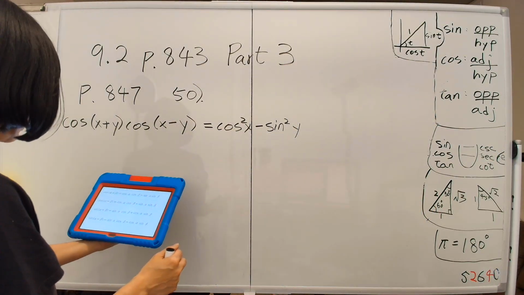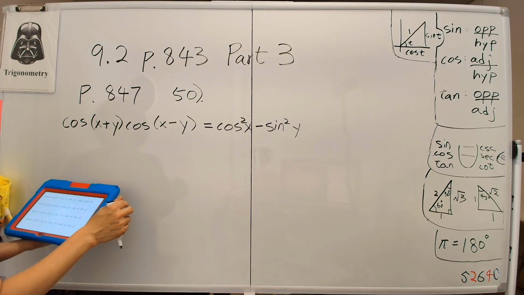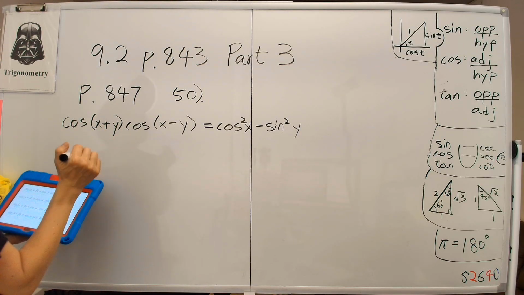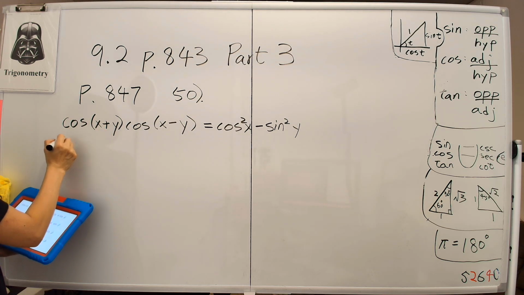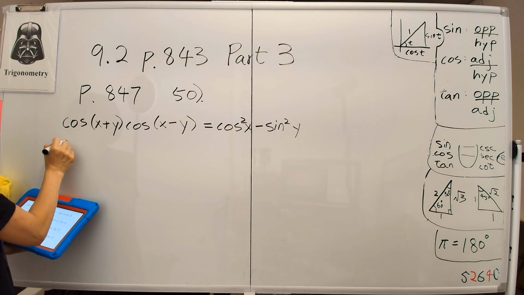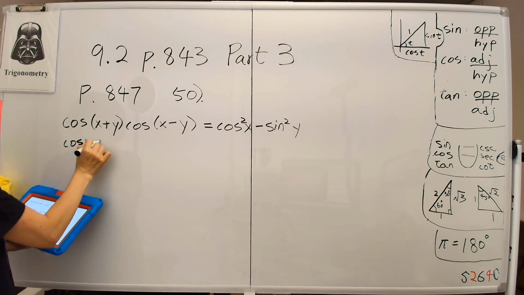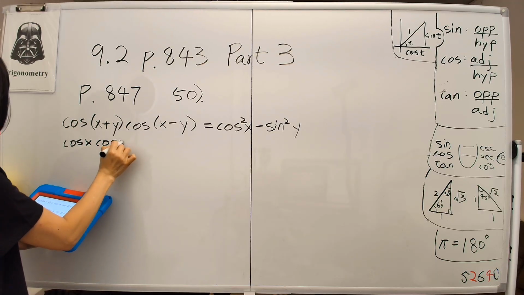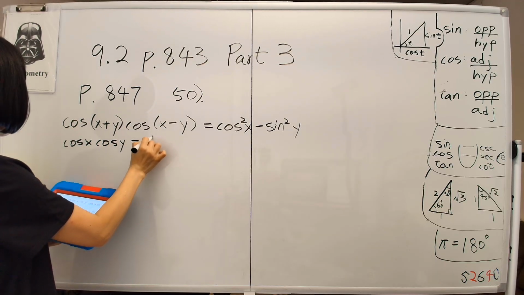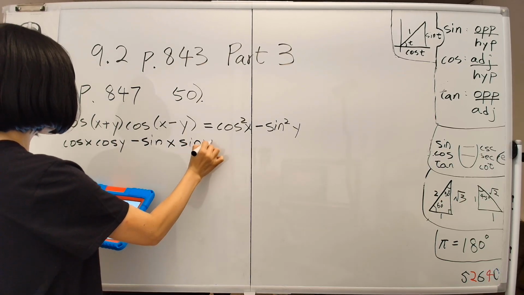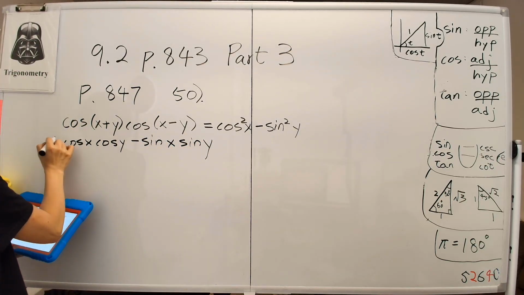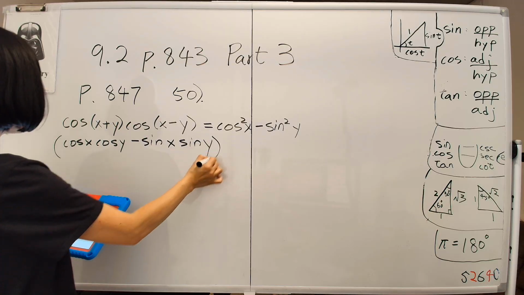And we're going to write all this stuff out. So let's start writing. Cosine of x plus y is equal to cosine x cosine y minus sine x sine y. And that is just this part, okay? This is cosine of x plus y.